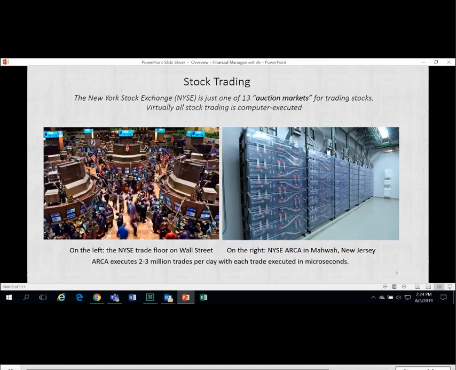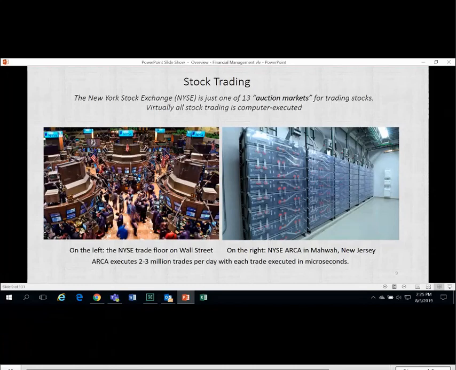ARCA executes some 2 to 3 million trades per day, and each trade is executed in microseconds. So obviously, human beings cannot handle that volume or speed of transaction. So why do we have the New York Stock Exchange trade floor? Well, there is some trading still going on there, not a lot, but mostly it's a PR purpose.